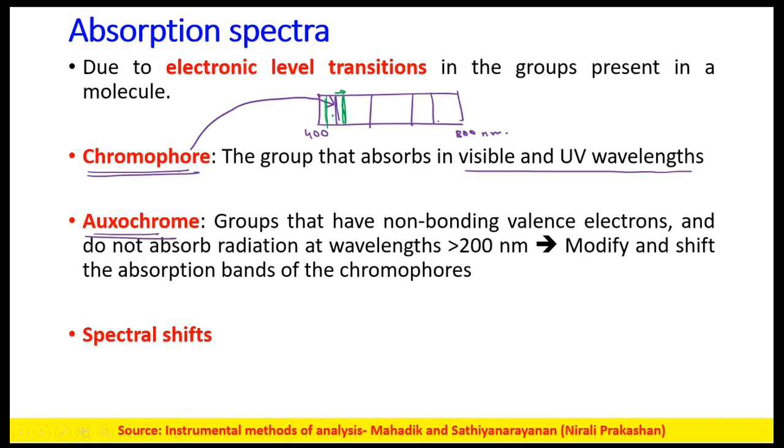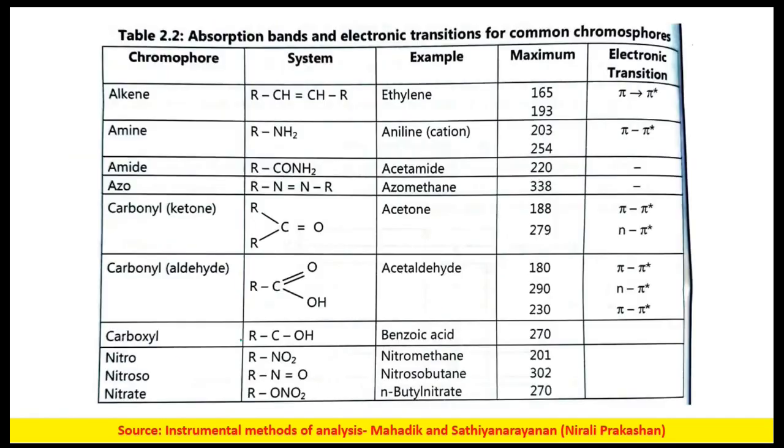They may alter the absorption characteristics basically. So they are called auxochromes, and they do not themselves absorb radiation at wavelengths greater than 200 nanometer, but they modify and shift the absorption bands of the chromophores. And then we have these spectral shifts which are occurring. So these are the different types of chromophores which are there.